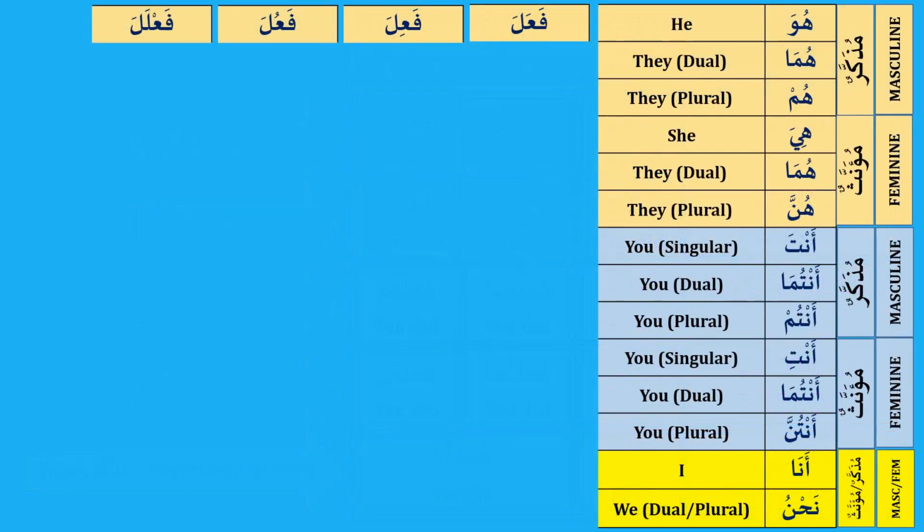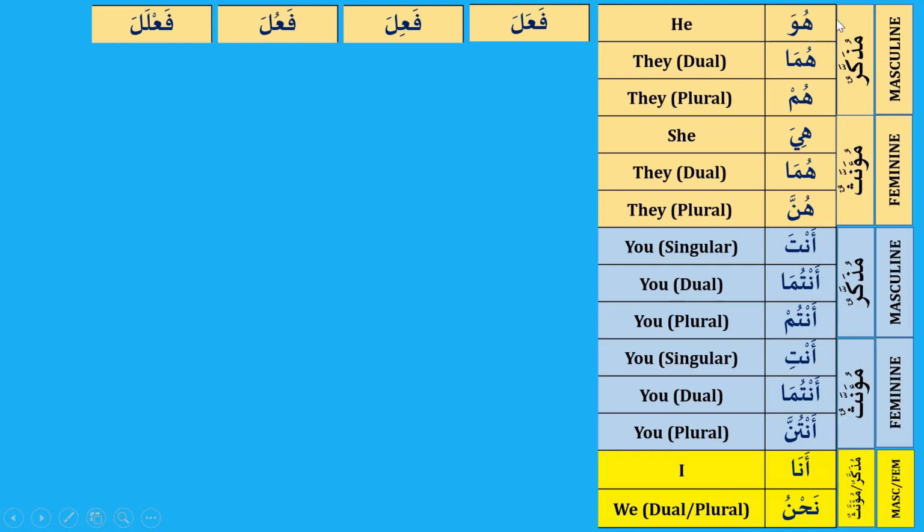Now let's learn more verbs in the pattern of fa'ala, fa'ila, fa'ula, and fa'lala. We have listed the same pronouns in this form: huwa, huma, hum, hiya, huma, hunna, anta, antuma, antum, anti, antuma, antunna, ana, nahnu.